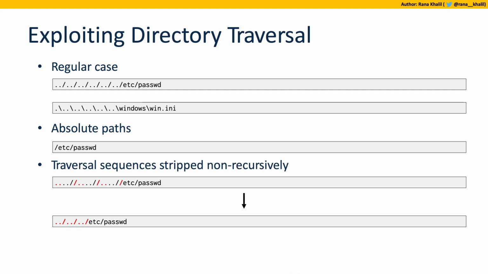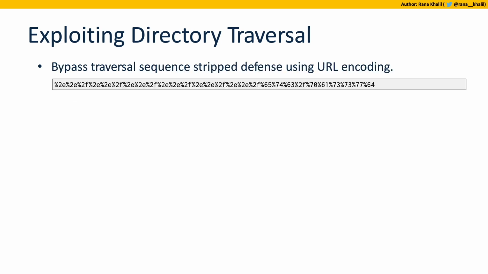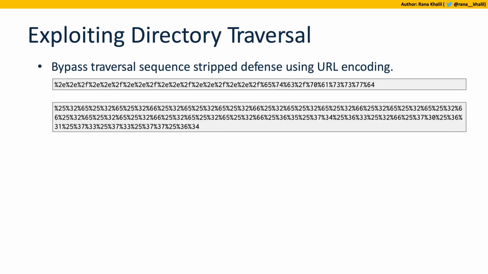And so what we end up with is our regular case directory traversal sequence, which should work since they're not recursively removing the traversal sequences. Another thing you could try is URL encoding the payload or double encoding the payload. You could even use non-standard encoding to bypass defense mechanisms.